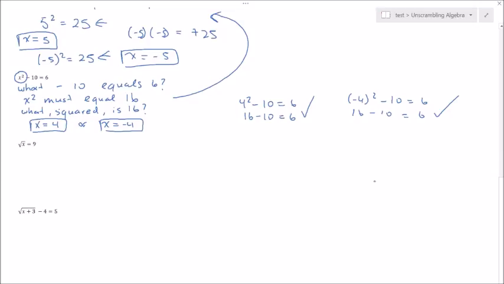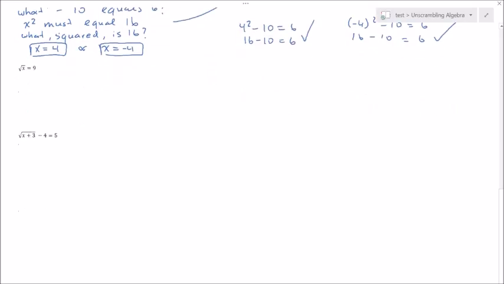All right, folks, I got two more here. Let's check these out. We have the square root of x is equal to 9. So again, remember, the question is, what can I replace the x with to make this true? I am not saying that x is the square root of 9.